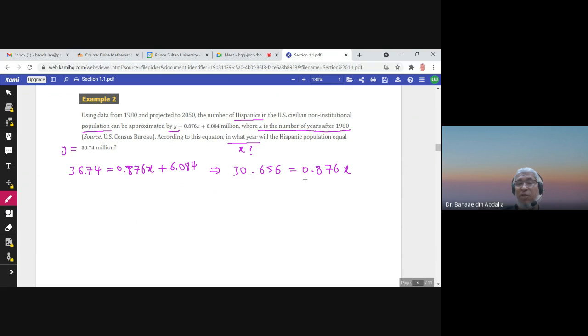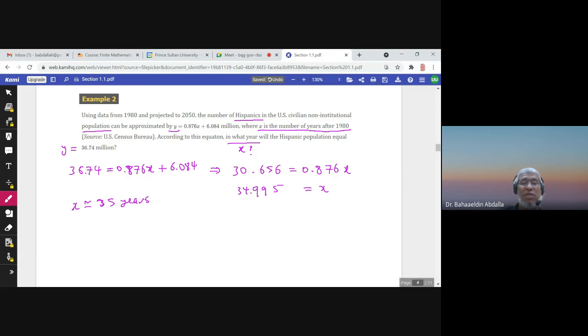And now I need to divide both sides by 0.876 to leave x alone, this time on the right hand side. So divided by 0.876, the answer is 34.6995 something. So I can say that X is approximately 35 years.